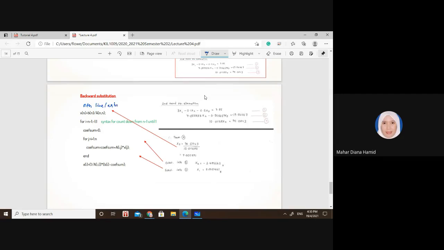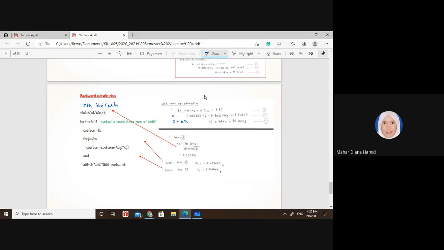So remember that if we have the end equation, so this is the first equation, second equation, and the third equation, where third is actually the end equation. So for the end line equation, we can actually get the value of x3 directly.